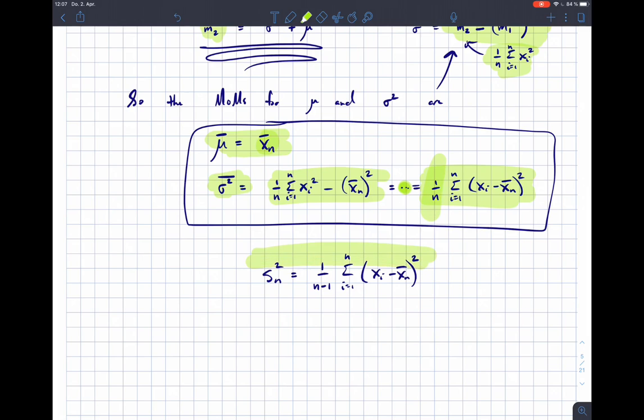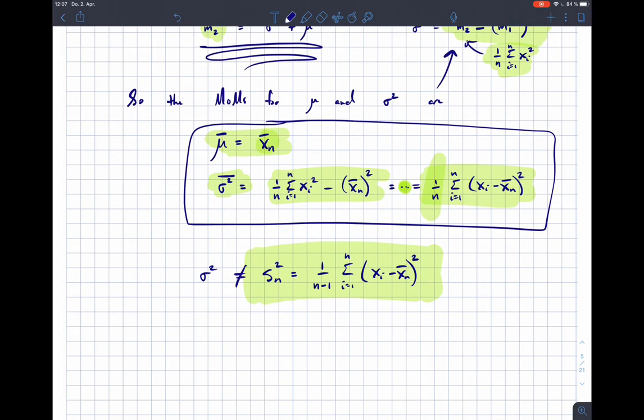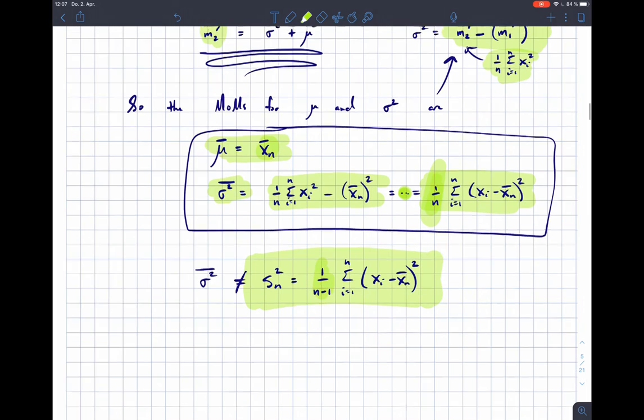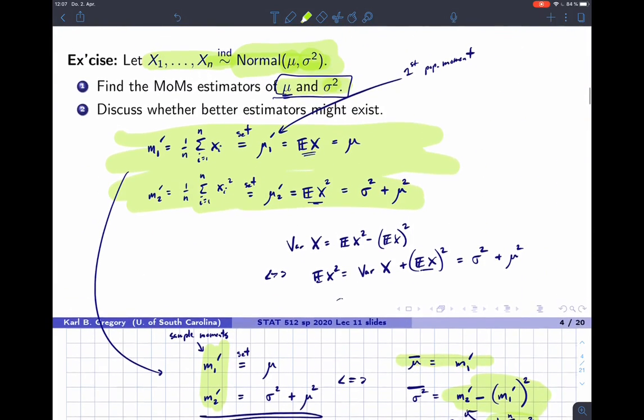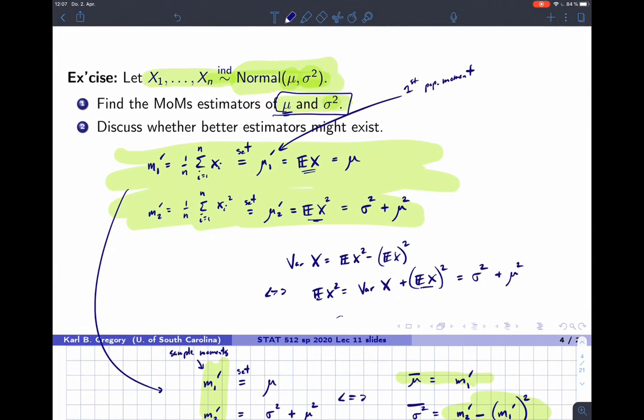Okay, so our method of moments procedure, which is kind of a recipe for getting an estimator, gives us something different from the estimator that we're maybe used to using. But it's not that different. I mean, it's just division by n instead of by n minus 1. Okay, so we've found the method of moments estimator.